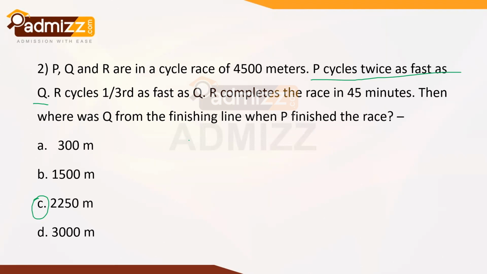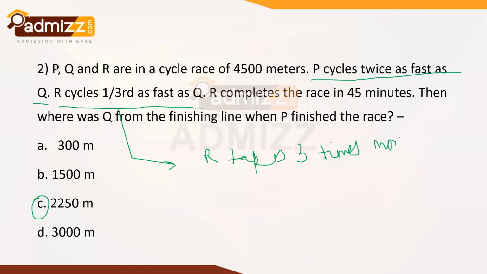And R cycles 1/3 as fast as Q. So the speed of R is 1/3 of that of Q. From this statement, what we can also imply is that R takes 3 times more time than Q. Why?